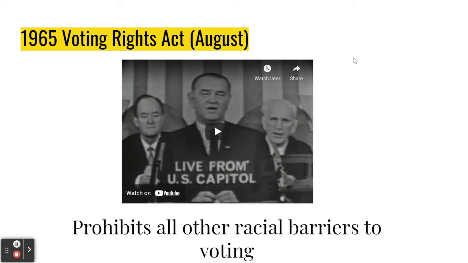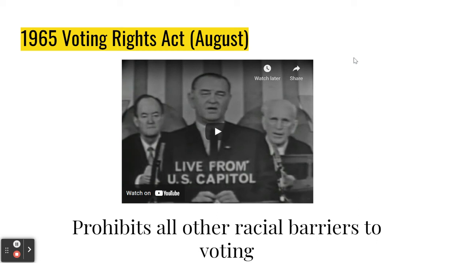Several months earlier, the infamous voting rights march led by Dr. King and civil rights student advocate at the time John Lewis, who would later go on to be a long-time congressman from Georgia, basically led a march from Selma, Alabama, to the capital, Montgomery, where initially they were met with violence.